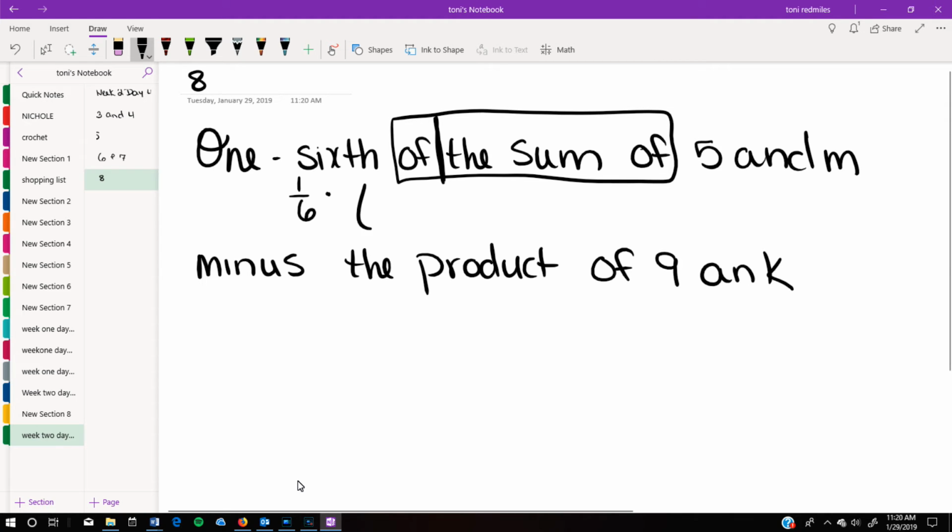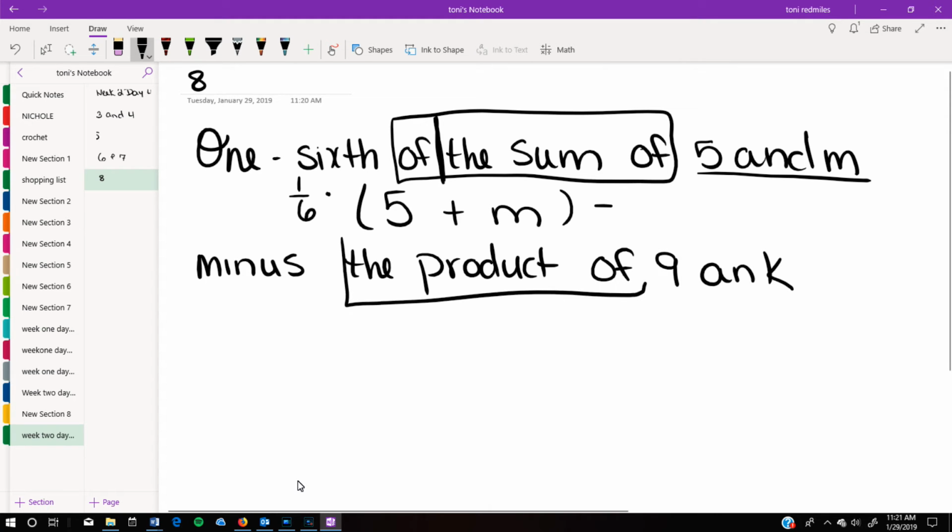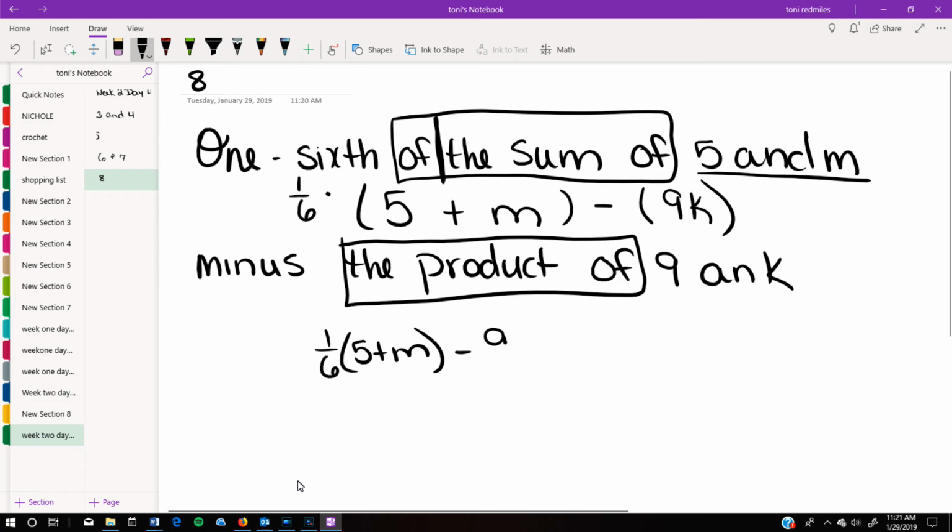The sum of means parentheses with addition in the middle. 5 and m go inside, okay, minus, and then I have the product of, which is another set of parentheses, 9 and k are multiplied together. So that would be my expression. I'm going to write it again down here. I don't really need the parentheses around 9 and k, so if you wrote it this way, it would also do.